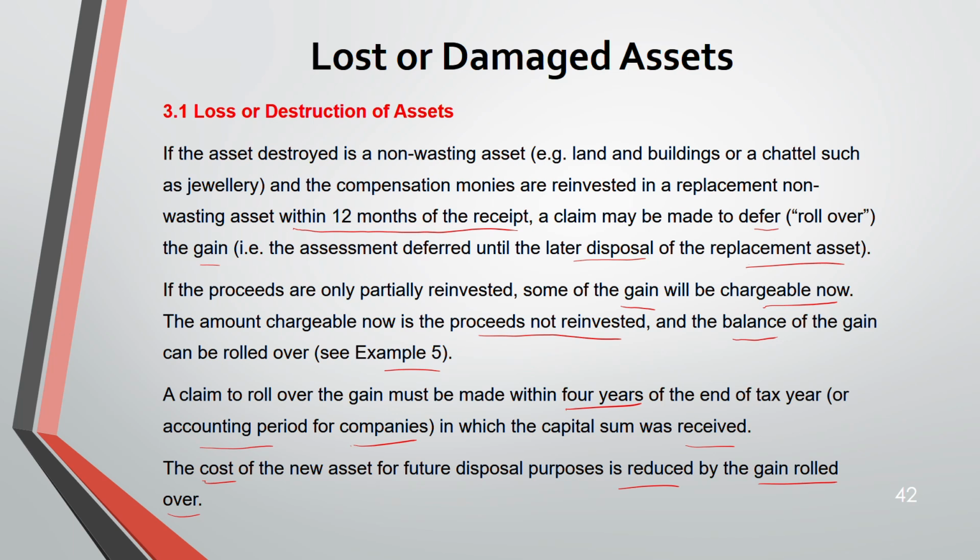That means the cost of the new asset will be less when you are selling it in the future. So in the future your gain will be more because your cost is less. If you are deducting a lesser amount from your sale proceed, you are going to get a greater amount of gain. A higher amount of gain means you have to pay higher CGT. So in short, even though now you're not paying, you're not actually saving anything. It's just that you are going to pay in the future. But that amount will be taken in the future by deducting the cost.